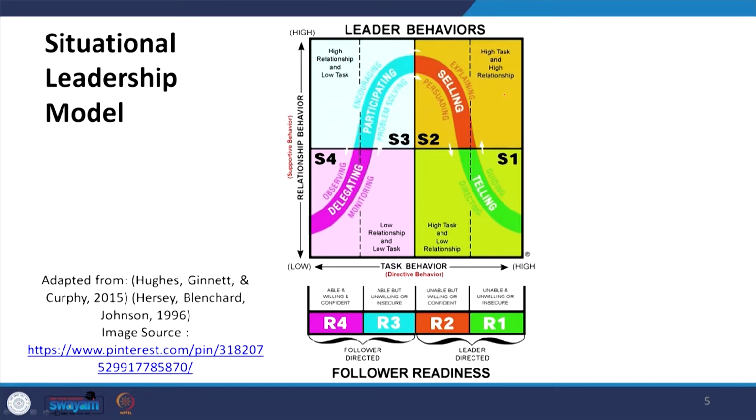Now whenever we are talking about the third level, the R3 maturity level of the followers, they are able but unwilling or insecure. They are able, they are competent, right, but they are not doing the task, that is, they are unwilling to perform.